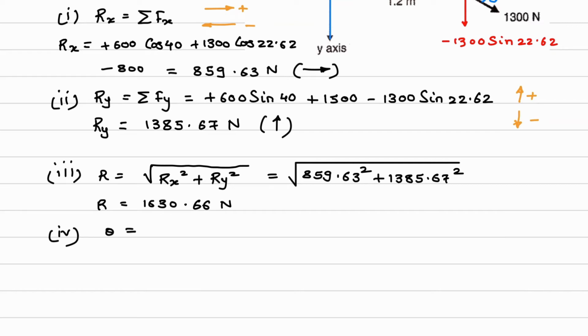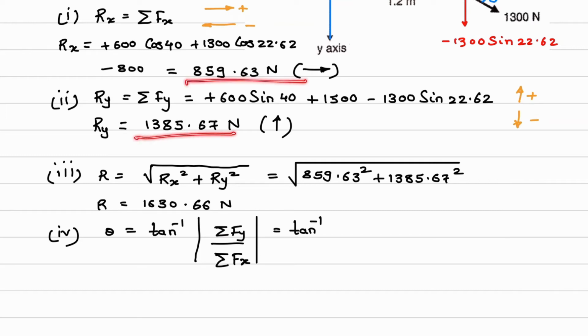Next we have to calculate the angle of this resultant with horizontal. So theta will be equal to tan inverse summation Fy upon summation Fx, or you can write Ry upon Rx, anything is fine, equal to tan inverse, what is summation Fy? Summation Fy is this one, and summation Fx we have written over here.